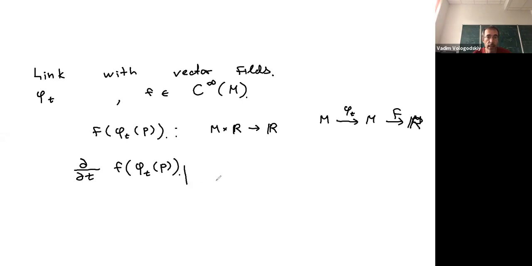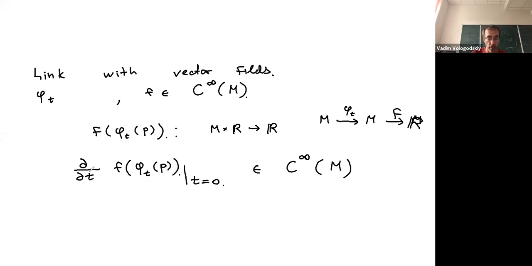But let's take its value when t equals 0. When I specify t equal to 0, this is just a function in p, and this is a smooth function. If I have a function on M times R and I differentiate it with respect to t, I again get a smooth function on M times R. I evaluate it at t equals 0, and I get a smooth function on M.